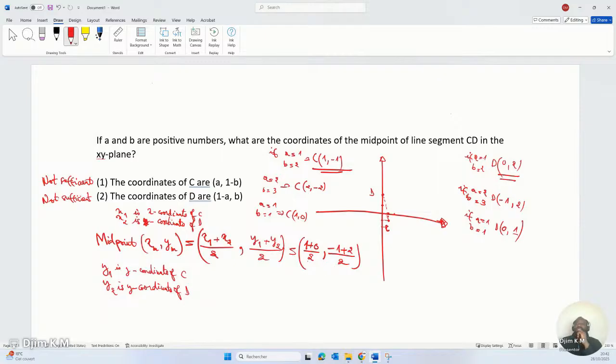And then this gives us 1 over 2, 1 over 2. That's the midpoint.